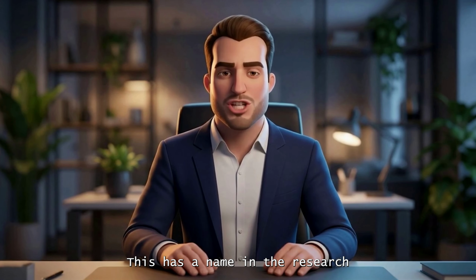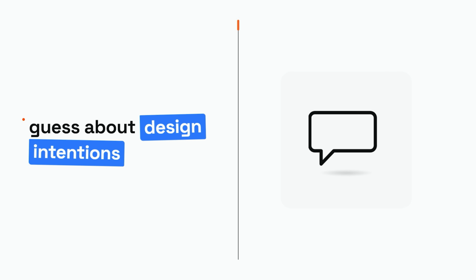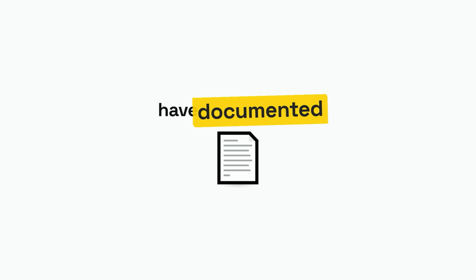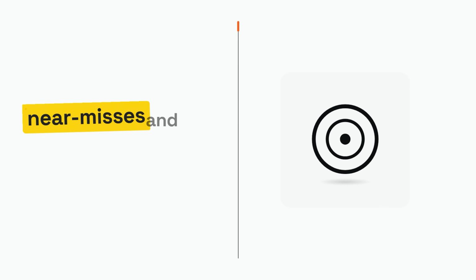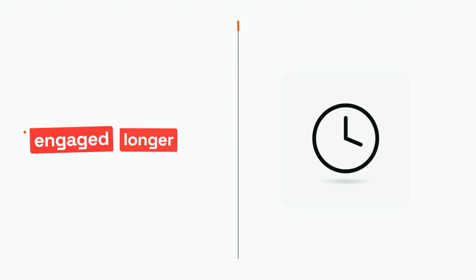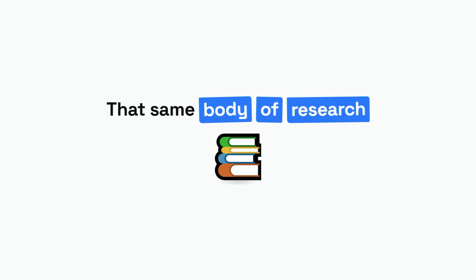Chapter 6. This has a name in the research. None of this is a guess about design intentions. It's been studied directly under its own name. Researchers studying gambling machine design have documented exactly how variable rewards, near misses, and sensory feedback loops keep a person engaged longer than a fixed, predictable system ever could.